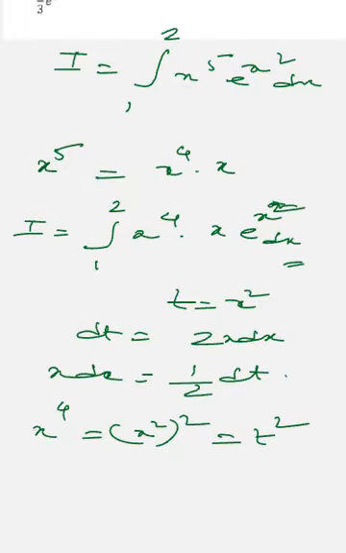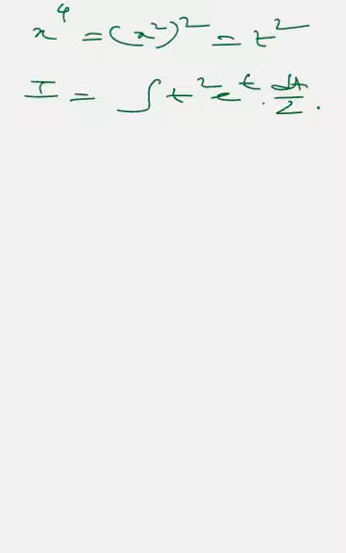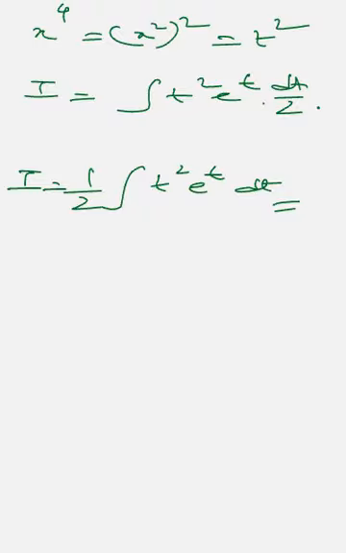So we get I = integral of t^2 e^t dt/2. Okay, so I = half of the integral of t^2 e^t dt. Now since it is a definite integral, we must change the limits.